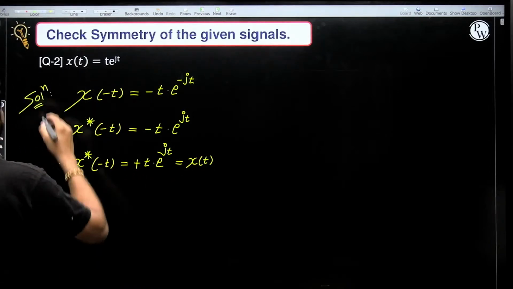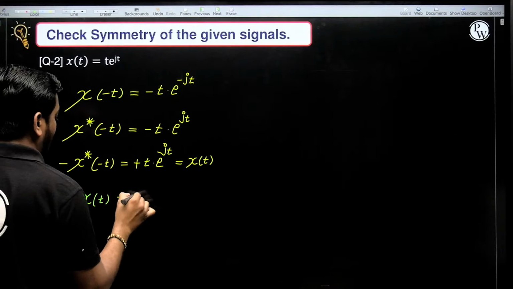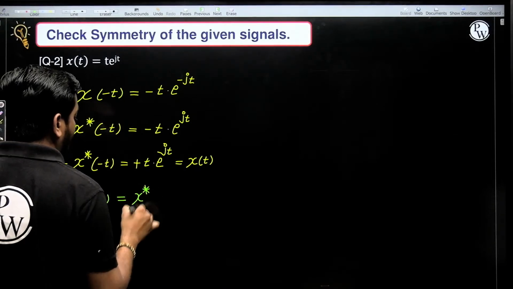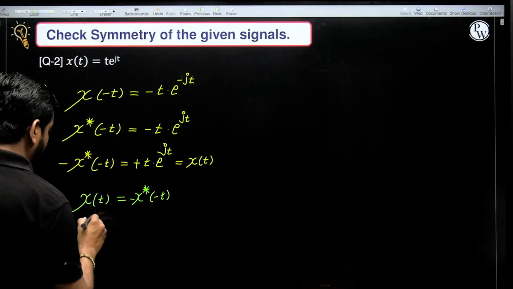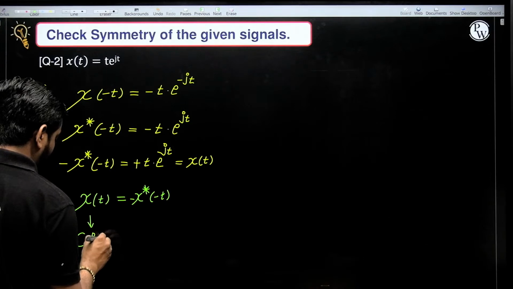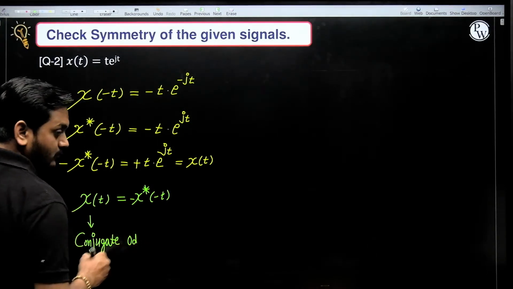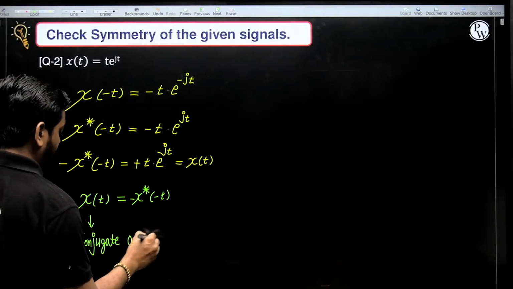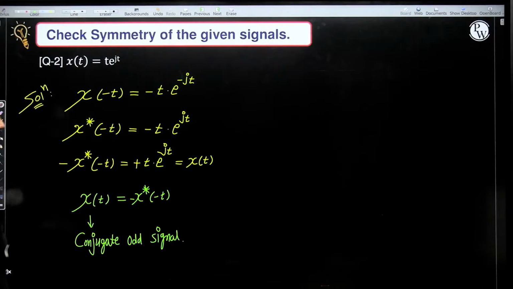Here we got x of t equal to minus x conjugate of minus t. It is a conjugate odd signal. Very good.